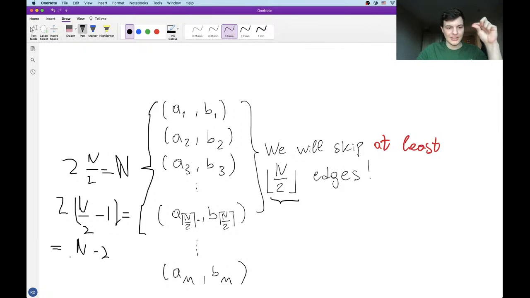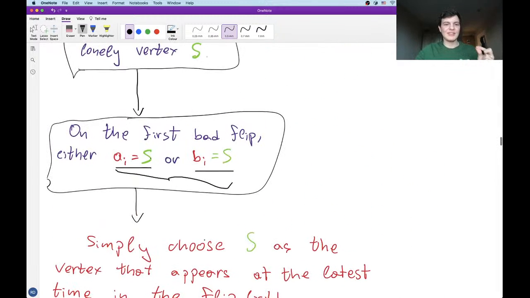That's the number of blocked vertices in this prefix, because you want to maximize the prefix that won't contain any bad flips. And we know the fact that on the first flip, either AI or BI would be S.